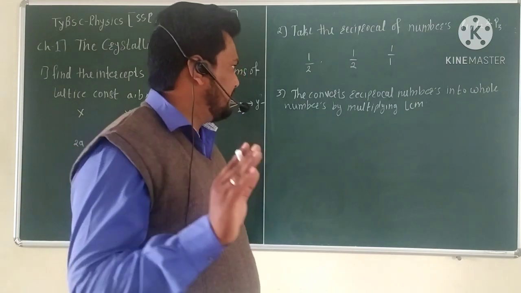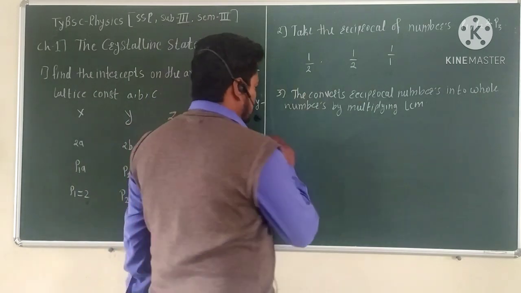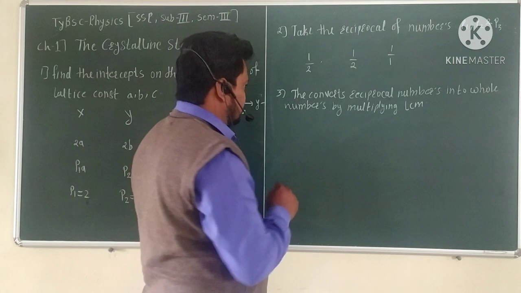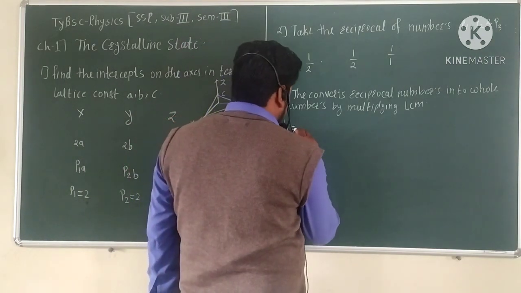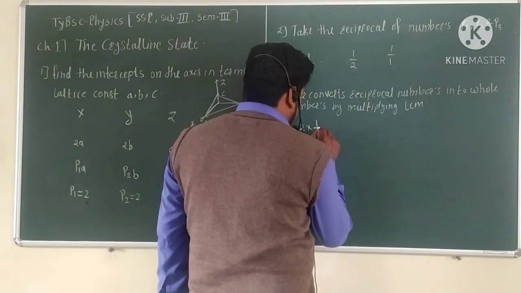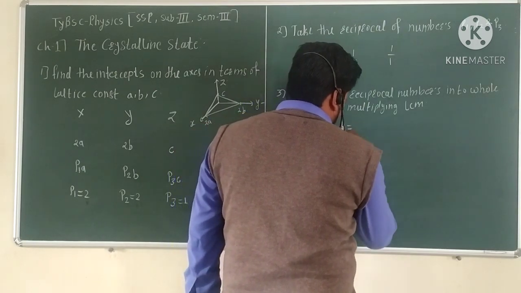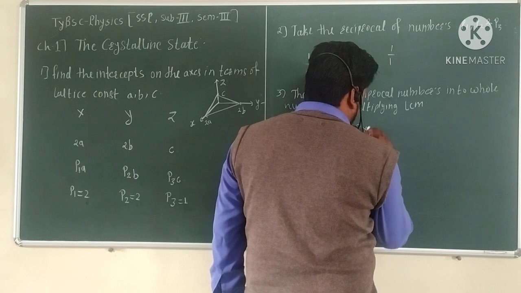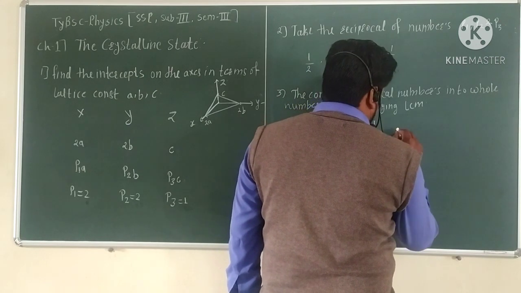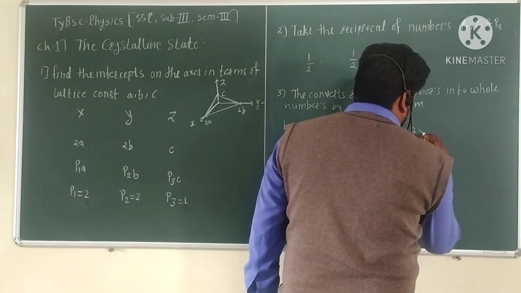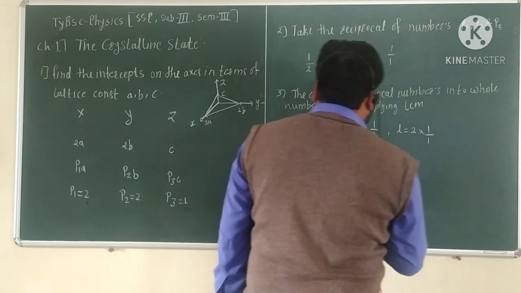So multiply this LCM number by the reciprocals: h is equal to 2 into 1 by 2, k is equal to 2 into 1 by 2, and l is equal to 2 into 1 by 1.